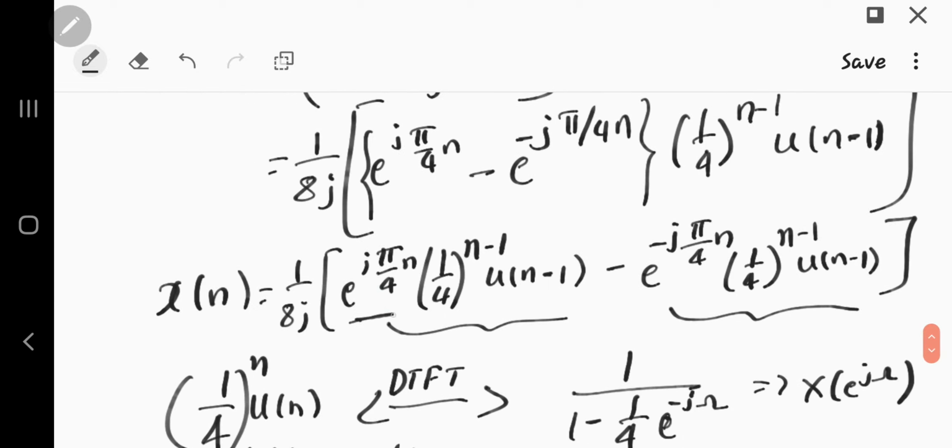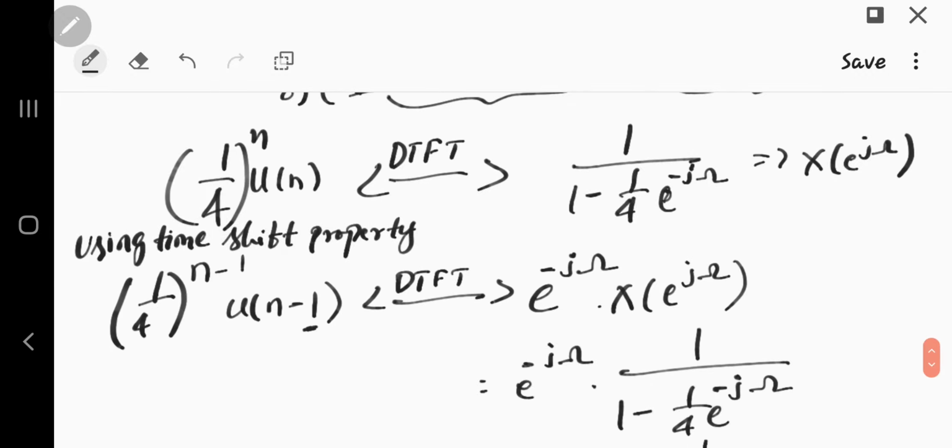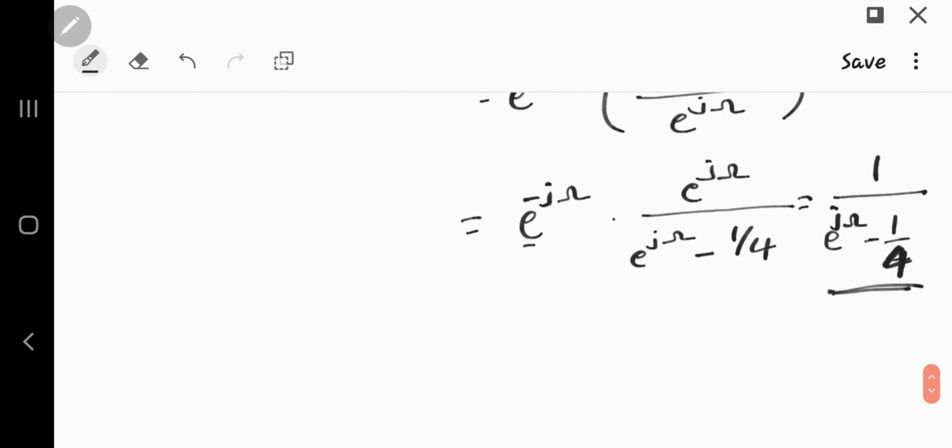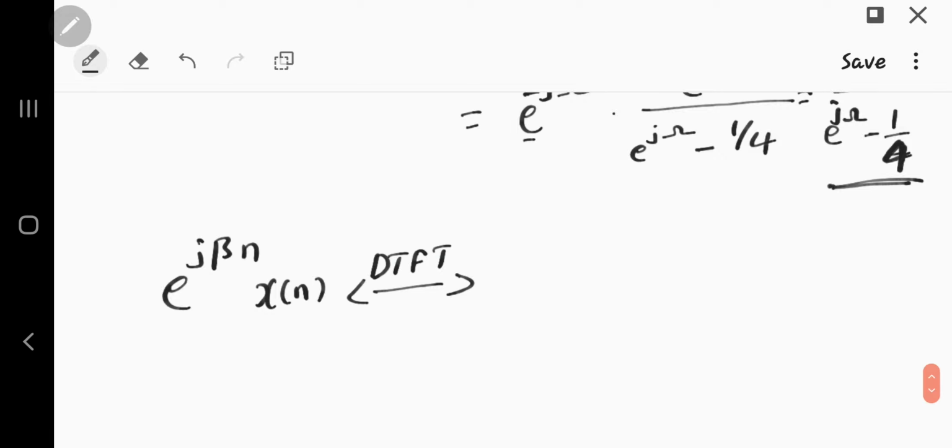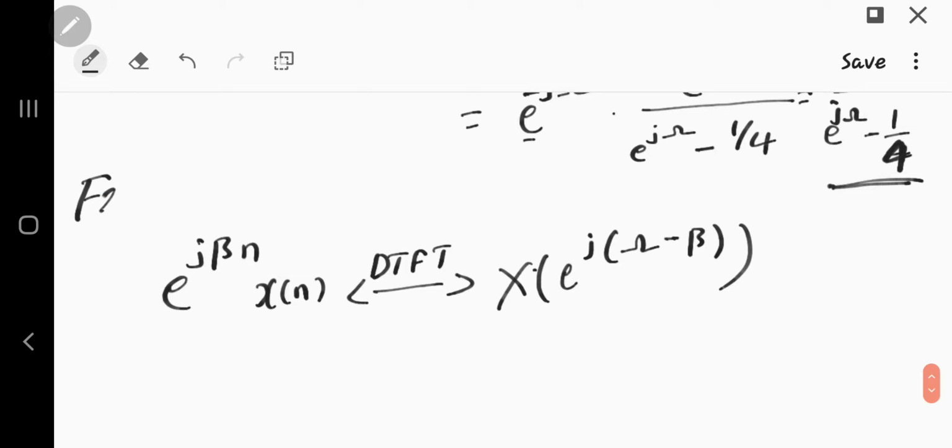Observe the signal. I have e power j pi by 4 n, and remember we can use something like this: e power j beta n into x of n. If you perform DTFT for this signal, then you will get X of e power j omega minus beta. That is a property called the frequency shift property.